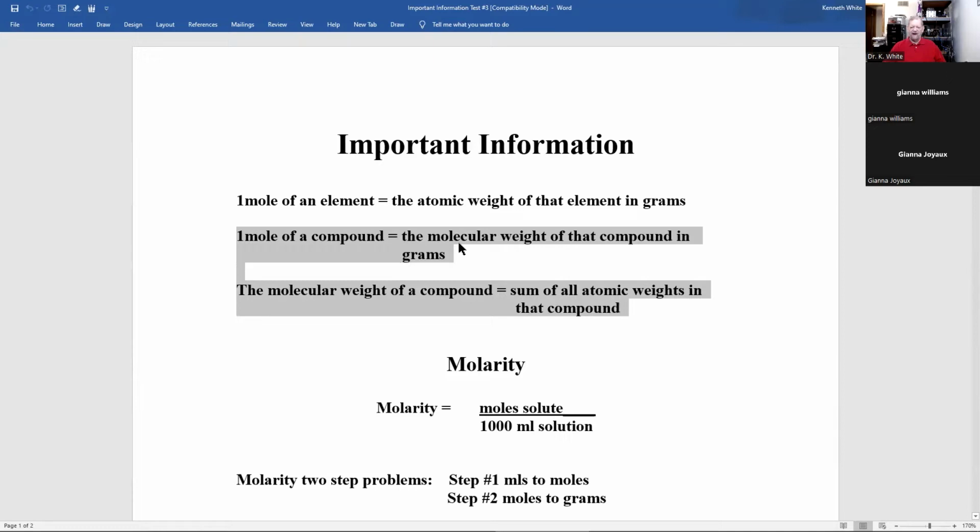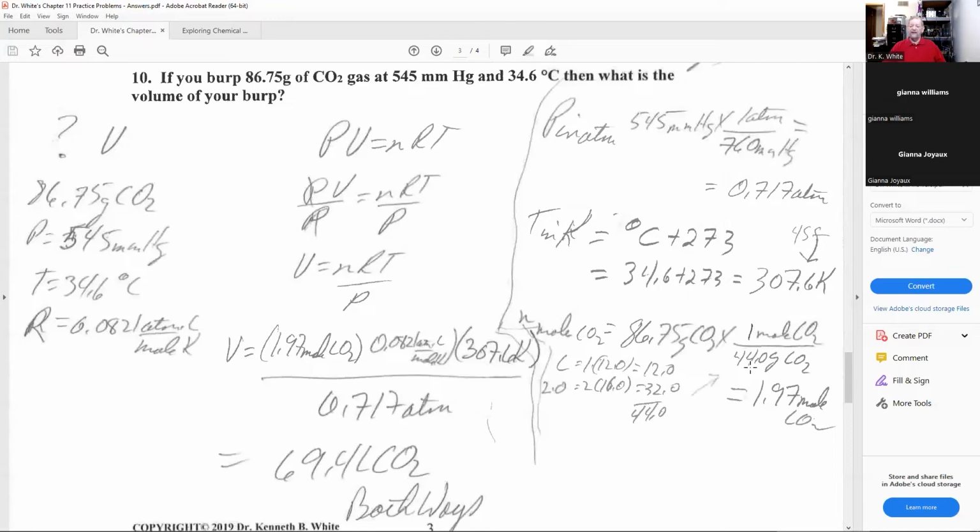And the molecular weight of that compound is the sum of all atomic weights in that compound. So 1 mole equals the molecular weight of CO2. Well, you've got to calculate it. There's 1 carbon, 2 oxygens. Hold on because I don't have it open, you will be given a periodic table.